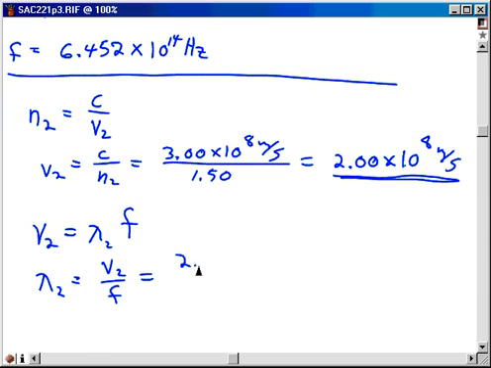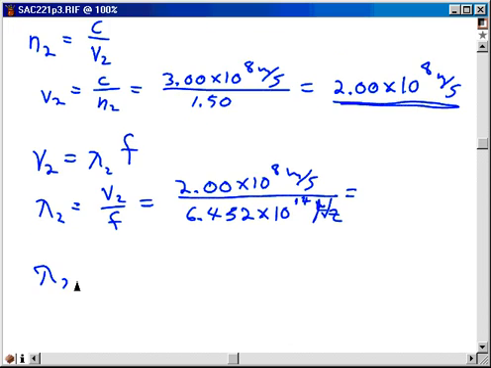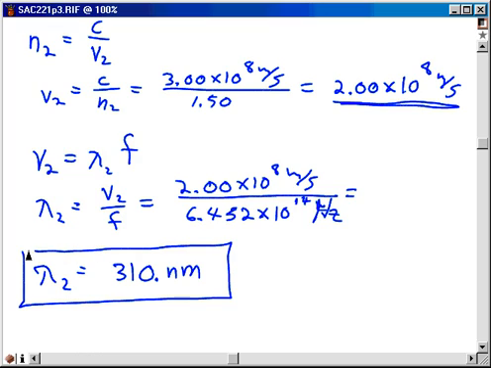Now, I substitute that into this expression. And that's all being divided by the frequency, 6.452 hertz, which is 1 over seconds, canceling out the seconds, so we do get something in meters, and that turns out to be 310 times 10 to the minus 9th meters, or 310 nanometers, where that last digit is significant, as indicated by the fact that I put a decimal point after the value.